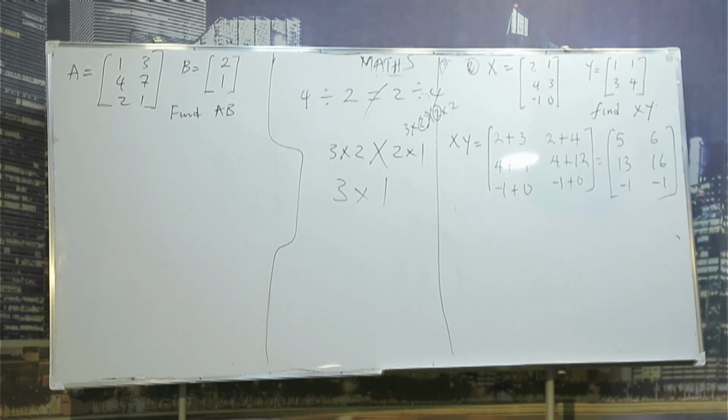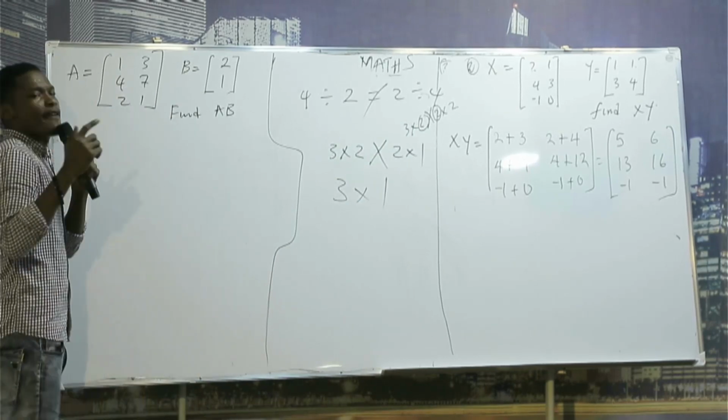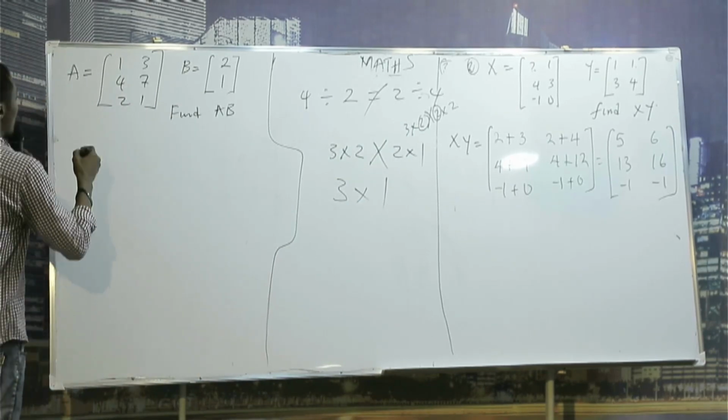Find AB. Oh, you have an answer. Beautiful. What did you get, please? 5, 15, 5. Okay, let's confirm that.